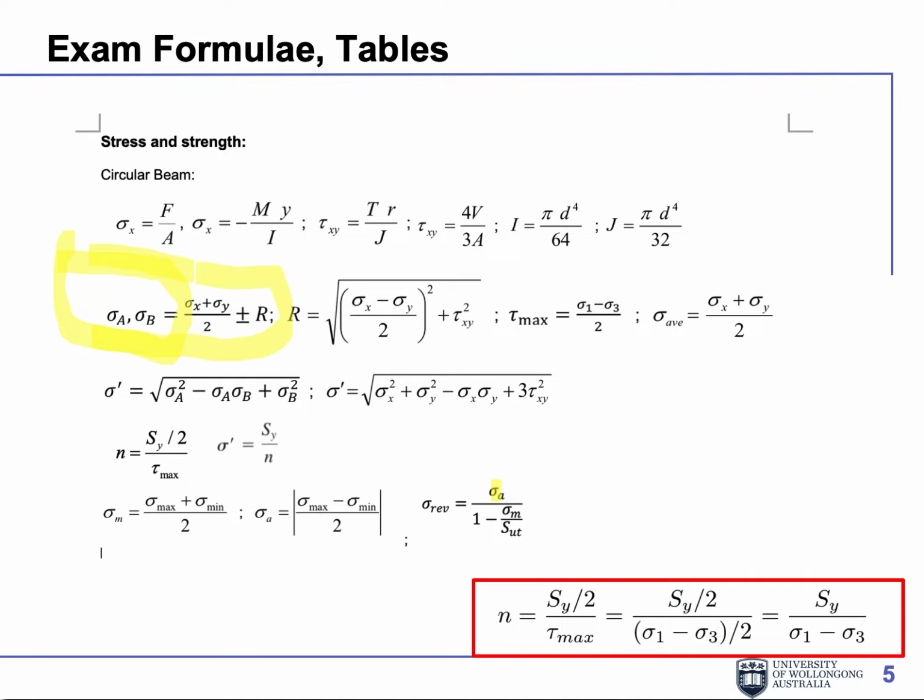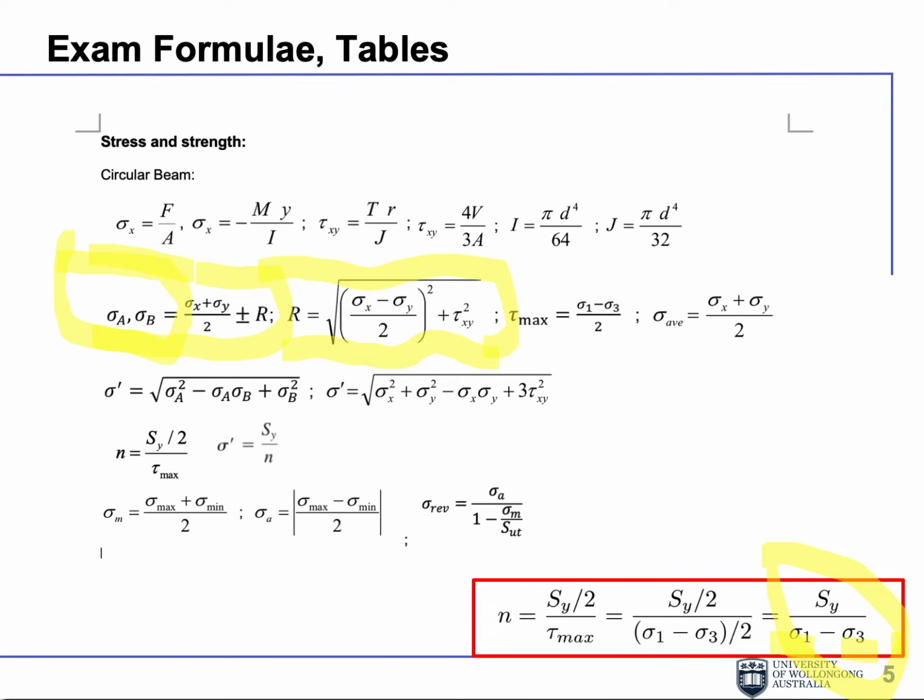These 3 are in order, where sigma 1 is the largest. And the shear stress is calculated from this equation. So these 2 added together, you get your sigma a and sigma b. And by considering sigma c is 0, you have sigma a, sigma b, and 0. With these 3 things, you have to reorder them into a certain order. Then you can use this one to do the calculation, sigma 1 and sigma 3.